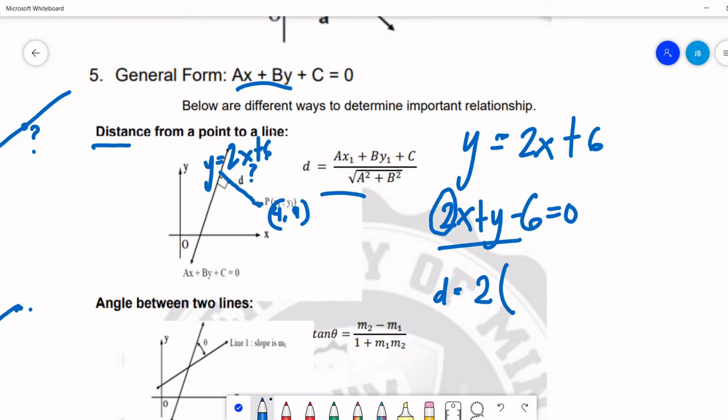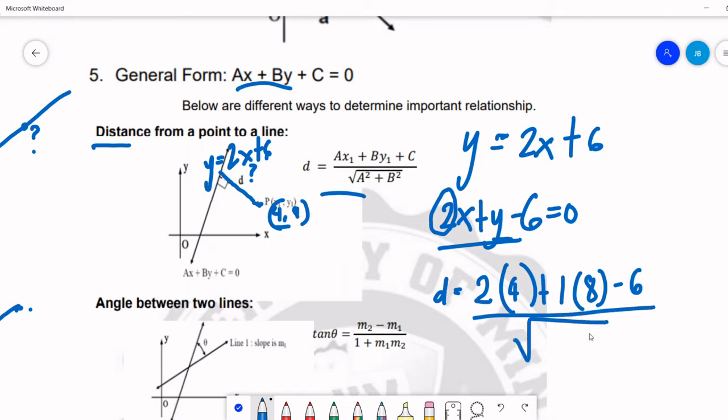Therefore, using this formula, you will get D is equal to A, which is 2, kumana siya AX, times your X sub 1 na makagiven na point, which is 4, plus B, sama ng value sa imong B, that's positive 1. Your value of Y is 8, plus C, which is 6, so minus 6, all over the square root of A squared, which is 4, plus B squared, which is 1.